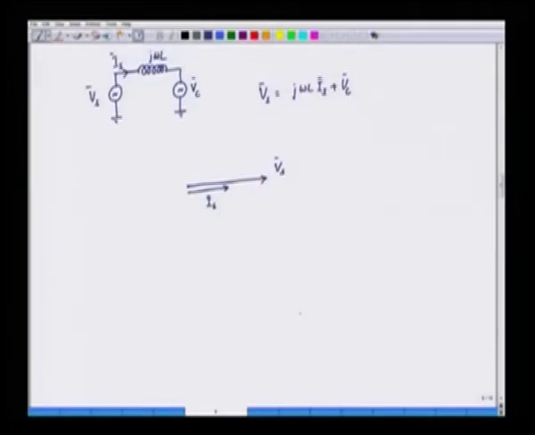So, we can calculate Vc is equal to Vs minus j omega L Is. If we try to see what is j omega L Is, this is basically a leading quantity, so this quantity is minus j omega L Is, and this is 90 degree, and we can complete this vector diagram.